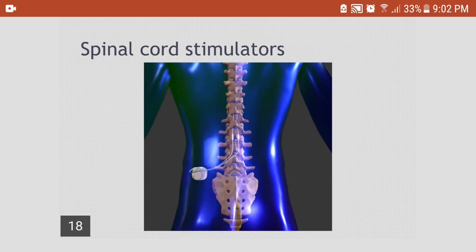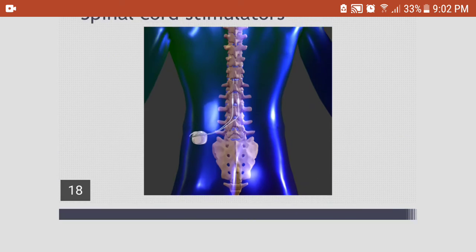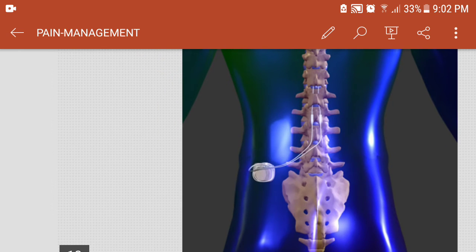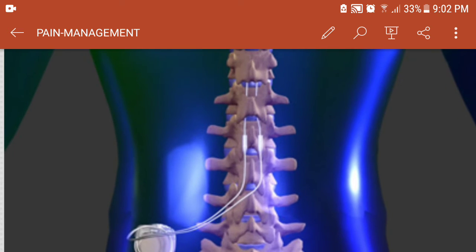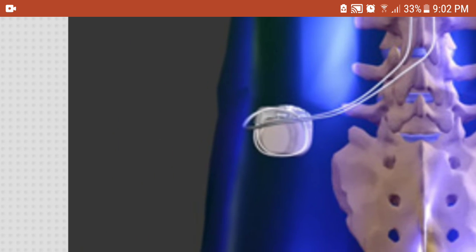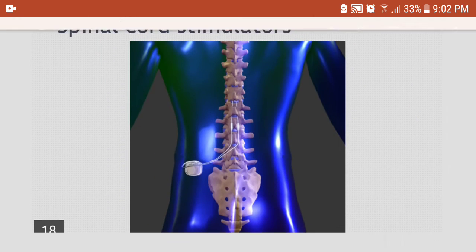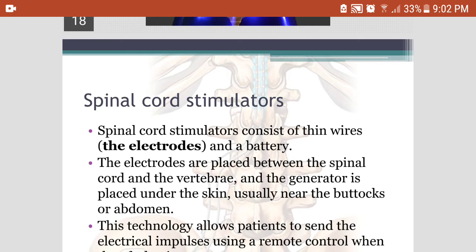Okay, now I want to talk about the spinal cord stimulators. These stimulators are wires that are placed between the spinal cord and the vertebrae. These wires are connected to a generator. This is the battery for the electrodes.